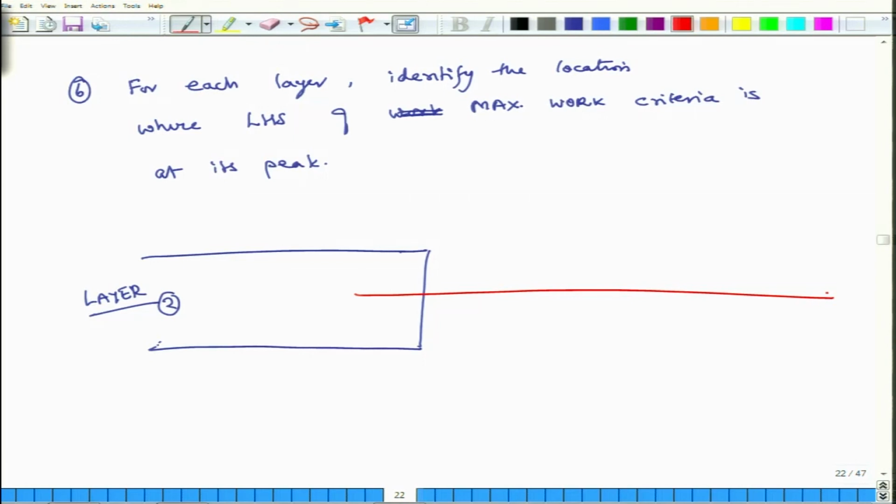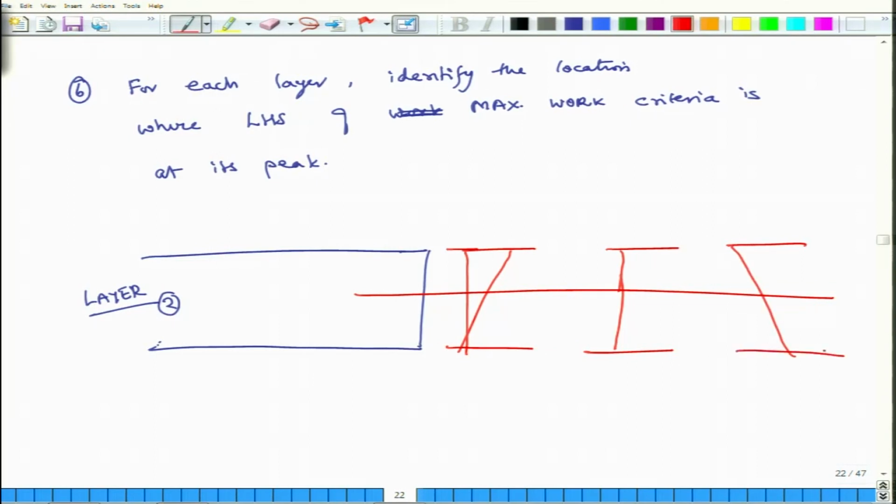the strains will be varying along the thickness. Strain X may be doing this, strain Y might be doing, I do not know, it may be constant. Strain gamma XY may be doing this, it depends on curvatures and all that. And because these three different strains are doing all sorts of things, the only thing they are doing constantly is that they are linearly varying along the thickness, that is all.